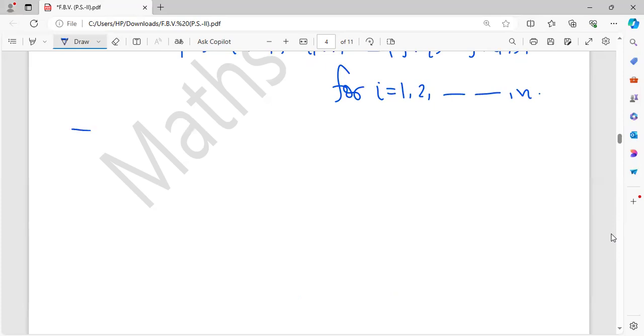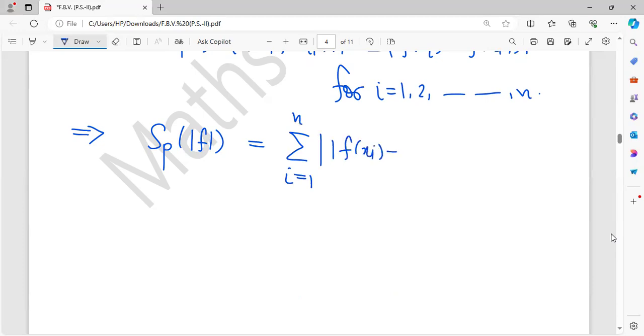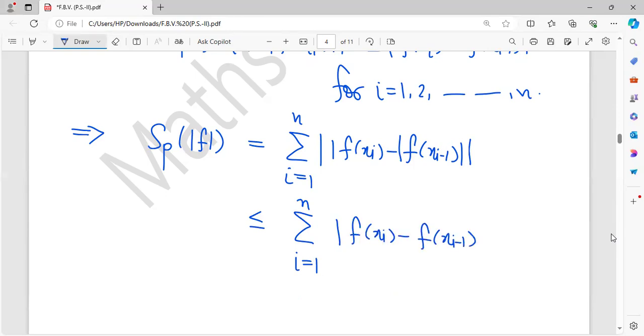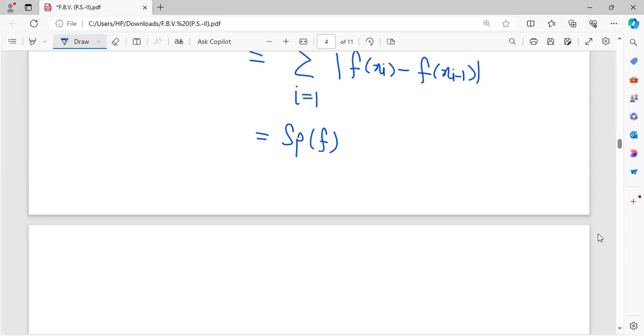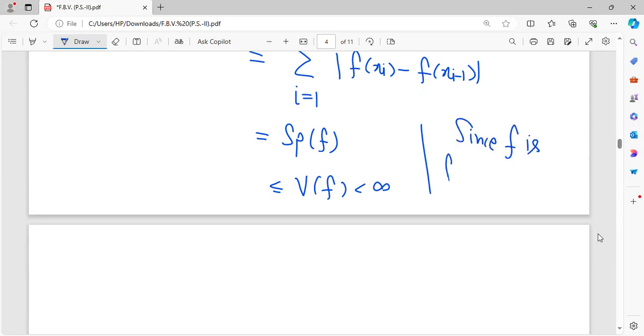So this implies S_P of mod f, that is nothing but the summation for i going from 1 to n, is less than or equal to S_P of f. But S_P of f is always less than V(f), that is finite, since f is a function of bounded variation.